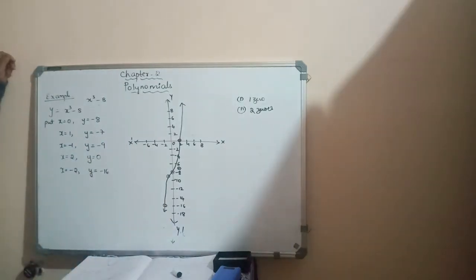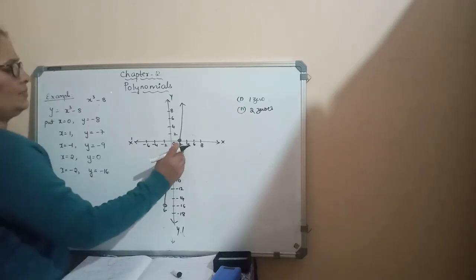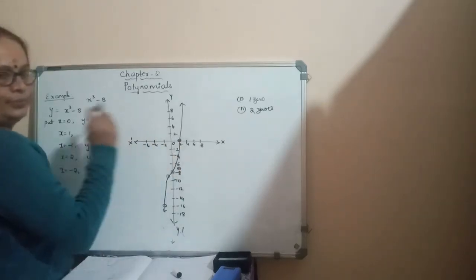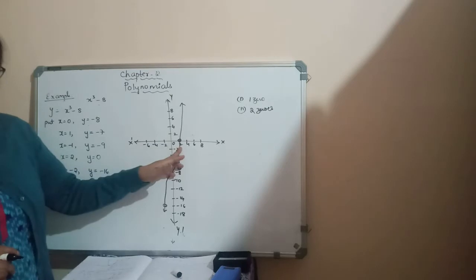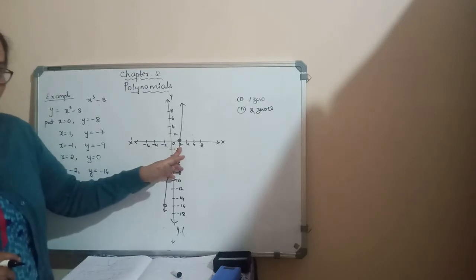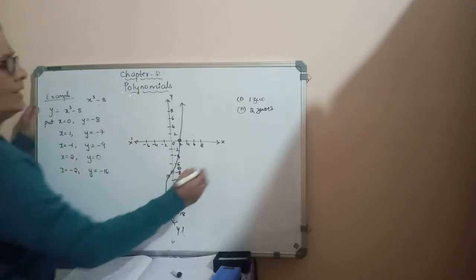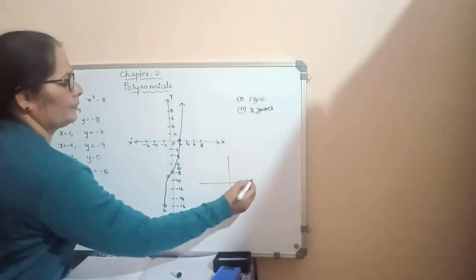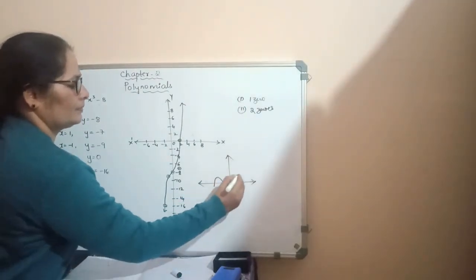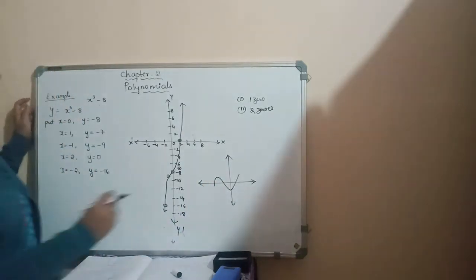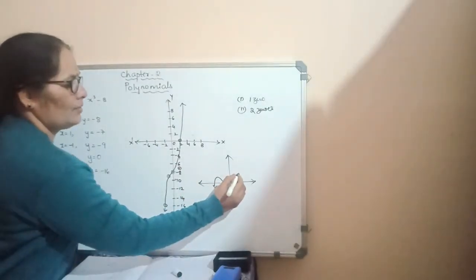Again, this curve intersects the x-axis at this point, at 2. So, it has 1 zero. It has 1 zero. Suppose the graph, see here, intersects the x-axis like this, then what will we say here?